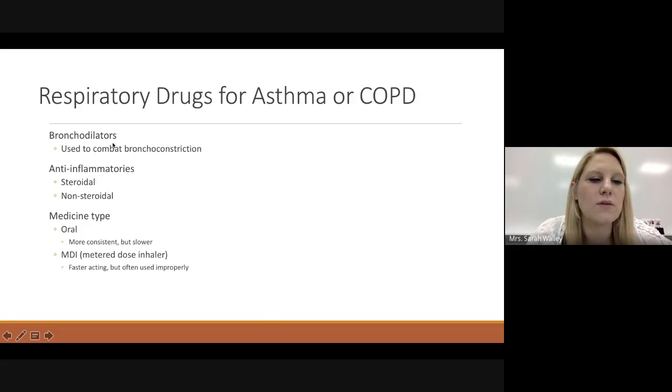So make sure you get those in there. There are a lot of bronchodilators on there. Specifically, albuterol is one really important one. It's usually in a rescue inhaler, a common one that most people will have if they have asthma or COPD.